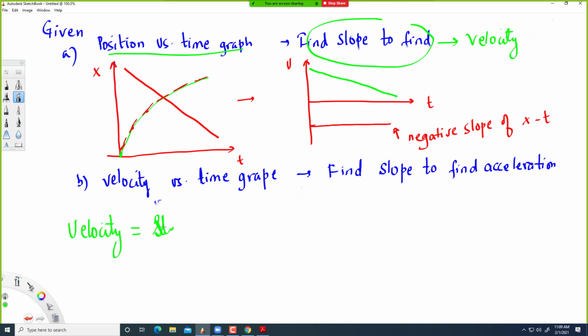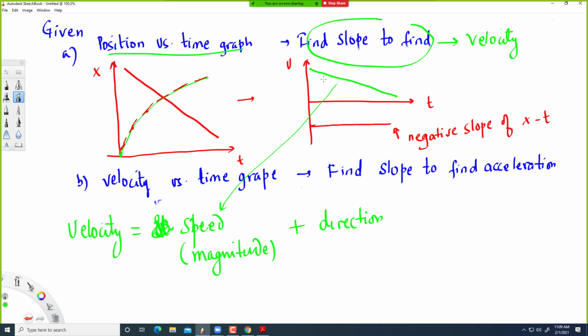Yeah, you're pretty close. Speed represents the value or magnitude, and velocity is speed plus direction. If you know both the magnitude and direction, then that's velocity. When we are finding the slope, this tells us both magnitude as well as direction. The direction is given by the sign.